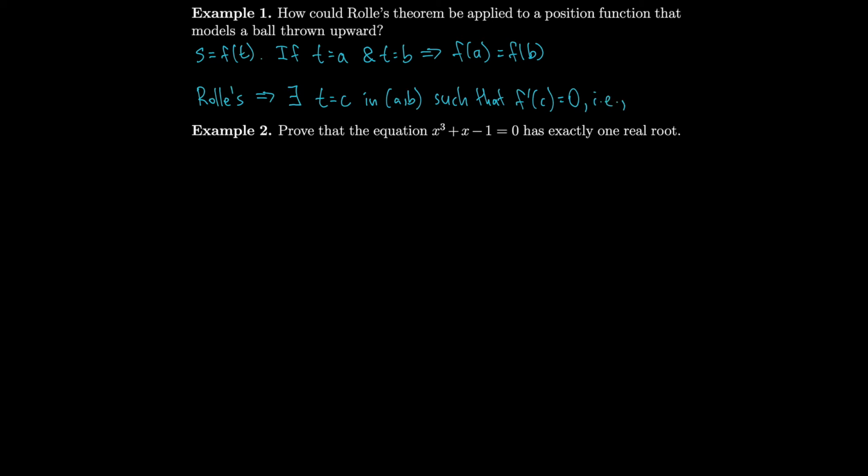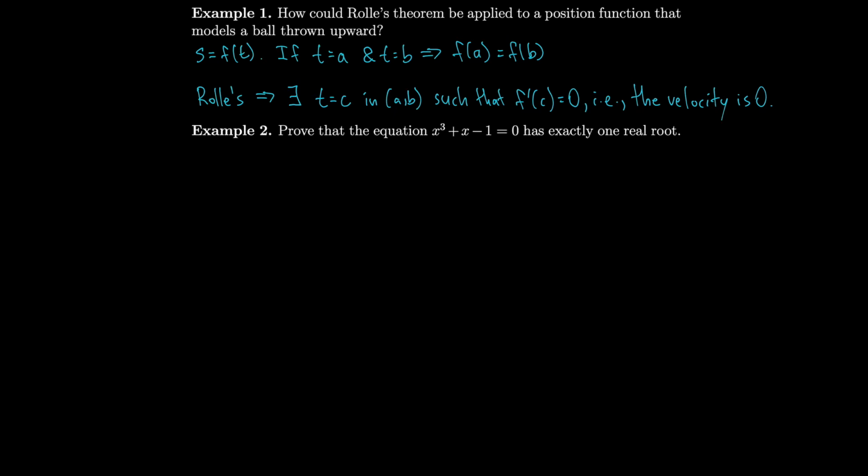So that means that, well, that's the derivative of position, so the velocity is 0. Okay, so this tells you that if you take a ball and throw it upward, then at some point the velocity will go down to 0, which should make sense because at some point the ball, when you throw it up, is going to end up coming all the way back down.